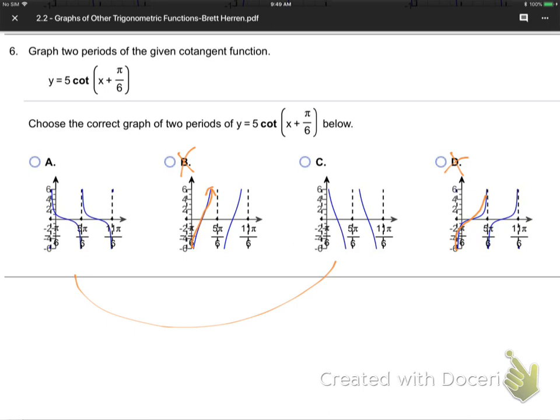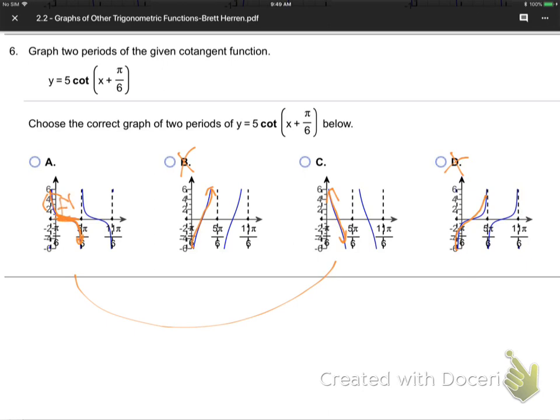They both appear to have the right boundaries, negative pi over 6 and 5 pi over 6. Well then, what's the difference? They're both going down to the right. So what's the only difference between A and C? The stretch. See how C is more vertical and A is more snaky? It has more flat zone. See how there's more flattening in here?